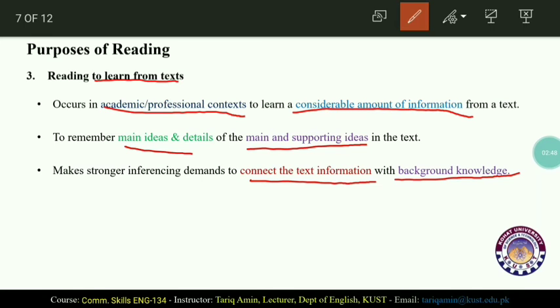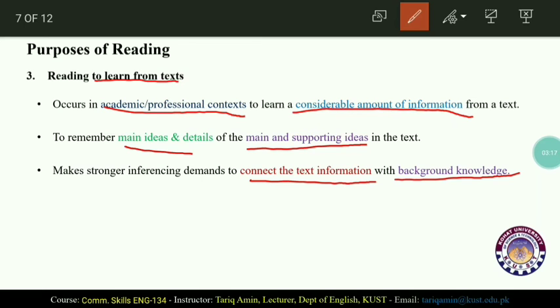We connect the text information with our background knowledge. When we start reading a text, for example, about Quaid-e-Azam Muhammad Ali Jinnah, and we come across different new ideas, we try to connect the new ideas with the background knowledge that we already have about Quaid-e-Azam Muhammad Ali Jinnah. So when you read to learn something from the text, your purpose is to learn more and more from the text.